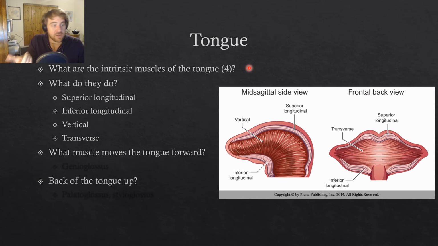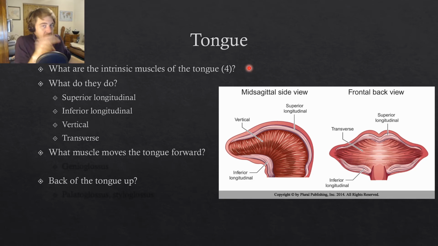Well, the superior longitudinal is going to pull up. The inferior longitudinal is going to pull down. The vertical muscle is going to flatten. And then the transverse muscle is going to pull together.